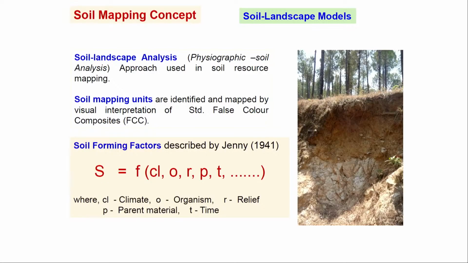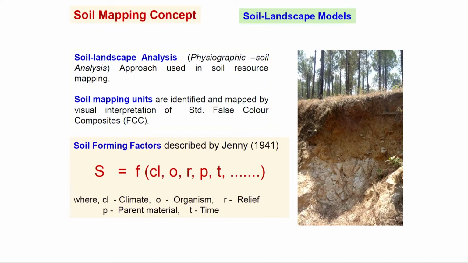So now we come to the point of the soil mapping concept. The soil mapping concept is also known as the soil landscape model, and soil landscape models are very easy. We can also call it soil landscape analysis, or in other words the physiographic soil analysis approach.